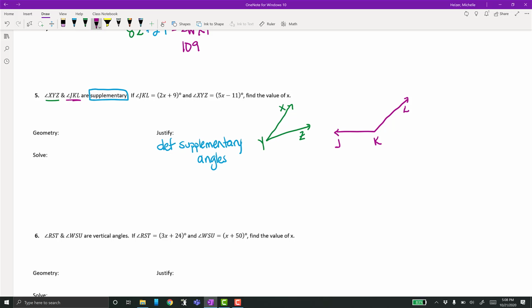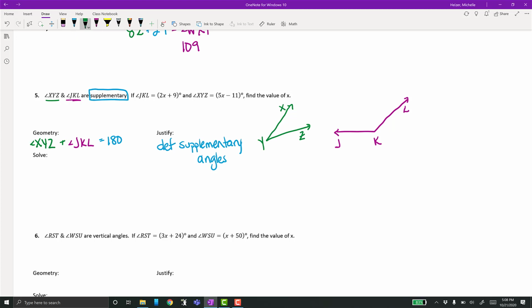So what do I know about supplementary angles now that I can see them and they're drawn out? Well, the definition of supplementary, what we wrote there, says that they add up to equal 180. So my two angles, angle XYZ plus my other angle, JKL, is going to equal 180. The sum, or two angles added together, equal 180.